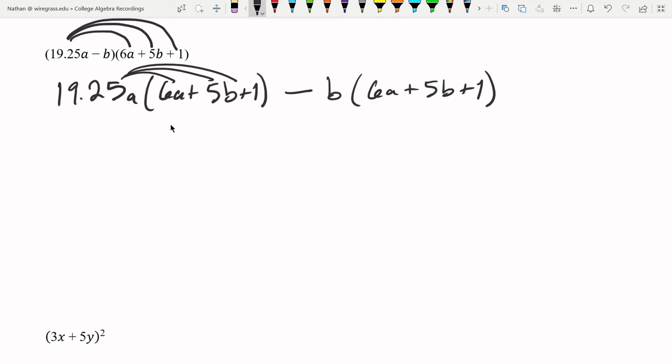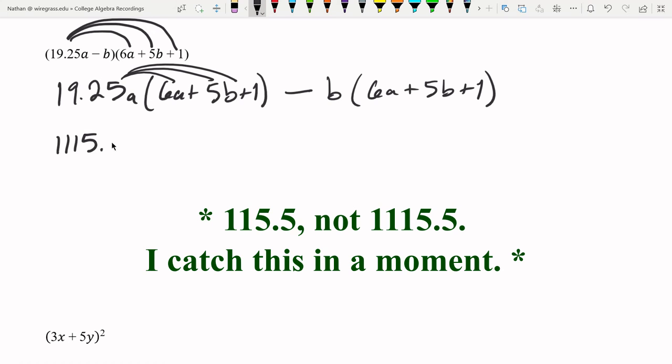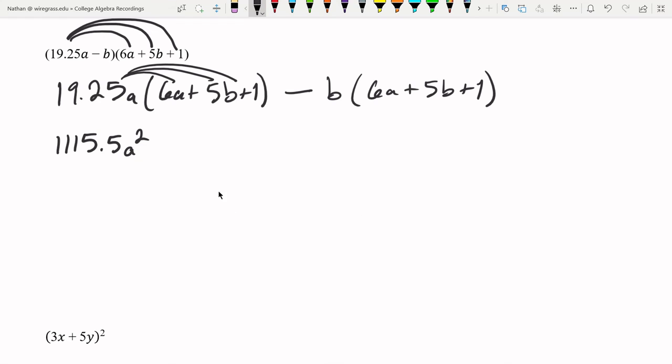So 19.25 times 6 is 115.5. A times a is a squared. Then we get 19.25 times 5 is 96.25. A times b. And then 19.25 times a times 1 is just 19.25a.